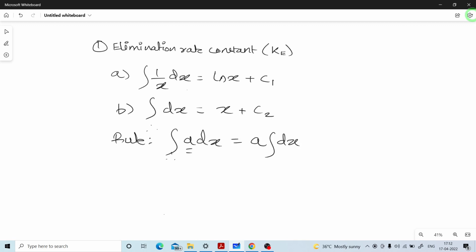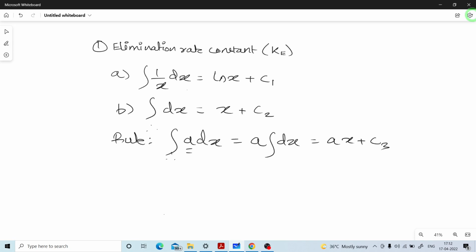And if you solve it further, a cannot be integrated, so you are only going to perform integration of dx. And integration of dx, you all know that in the second formula we have written the answer already. Integration dx is x. So the answer of this integration will be a x plus, again we have to incorporate the integration constant, that will be C3 over here.